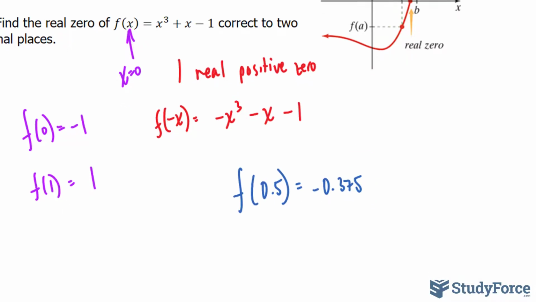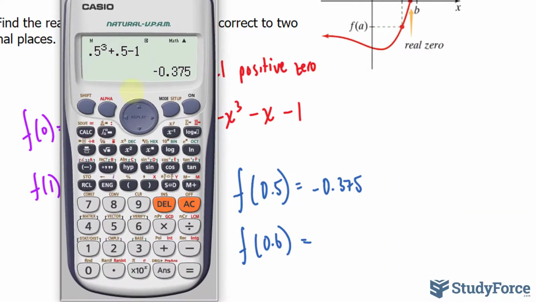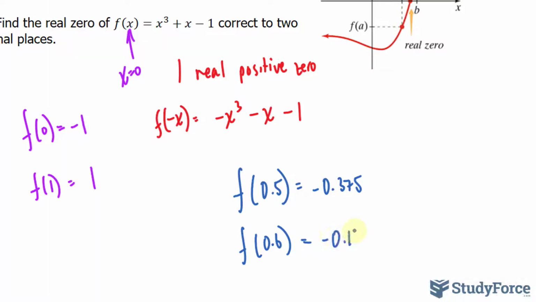Now I know it needs to be positive, so that can't be my answer. Let's try 0.6. Now if I change these with 0.6, I end up with a less negative number, negative 0.184.